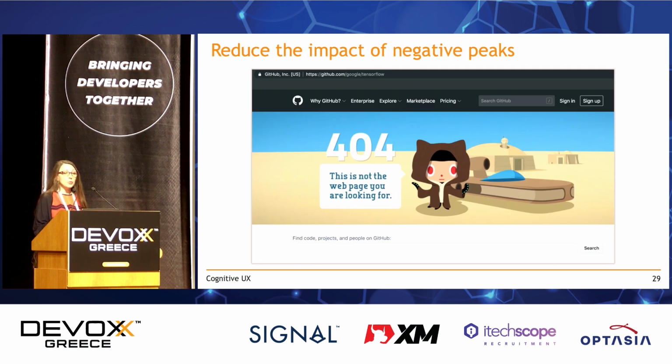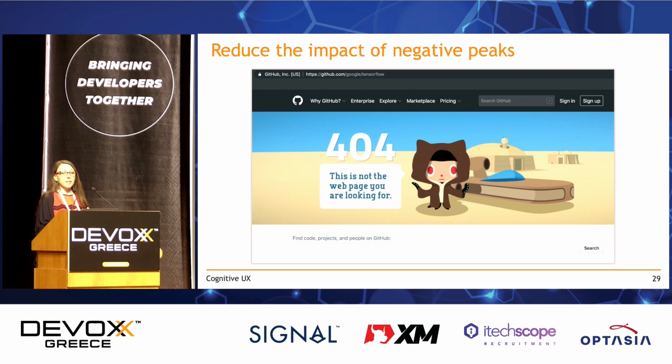Also, we should strive to reduce the impact of negative moments in the user journey. While it is essential to eliminate or mitigate them through usability tests and quality assurance, of course, we must also acknowledge that errors and malfunctions in the end are inevitable. So in such cases, our design should aim to soften the blow and make the negative experience more tolerable for the user.